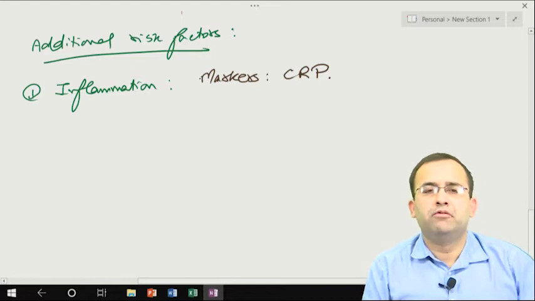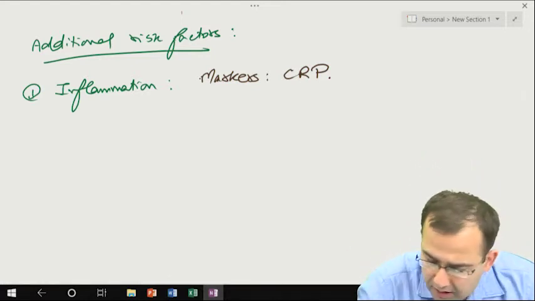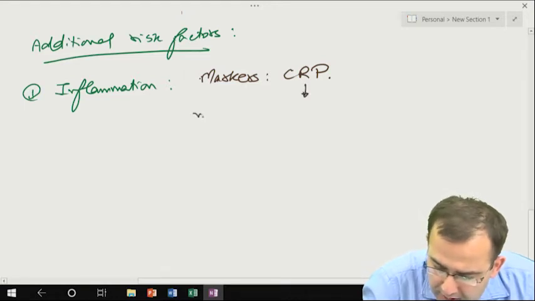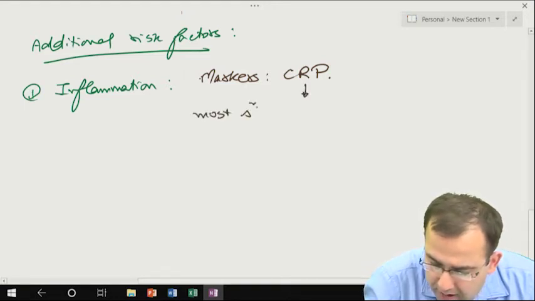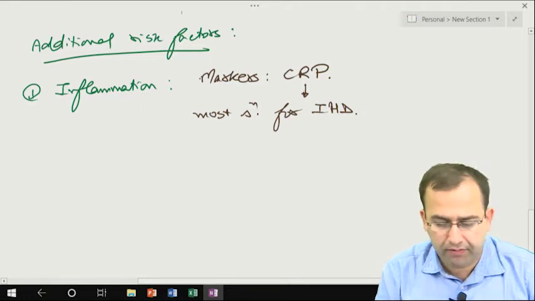Independently, C-reactive protein is one of the major indicators of ischemic heart disease. It is the most sensitive marker for ischemic heart disease, IHD.